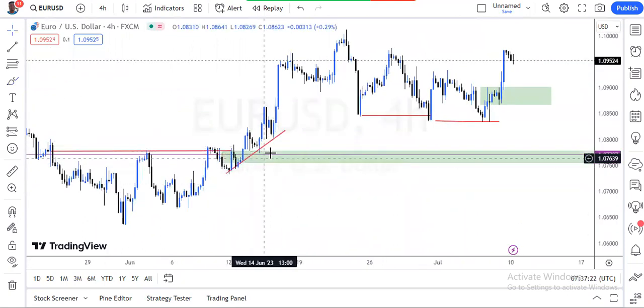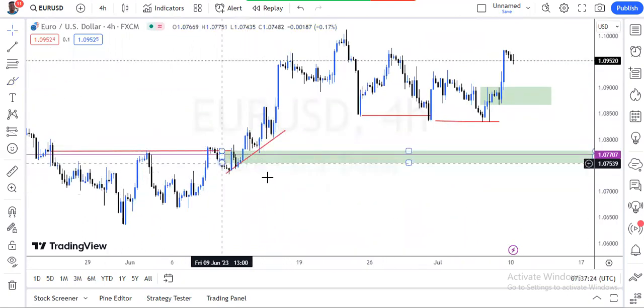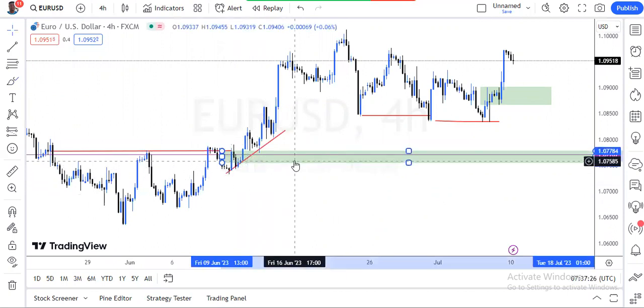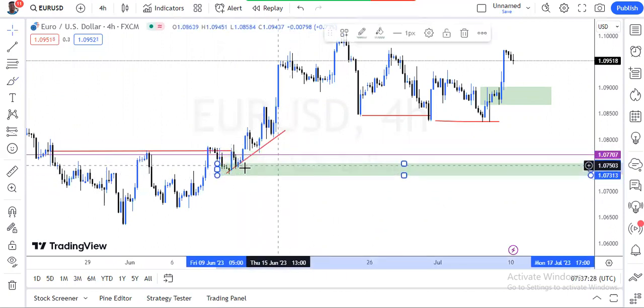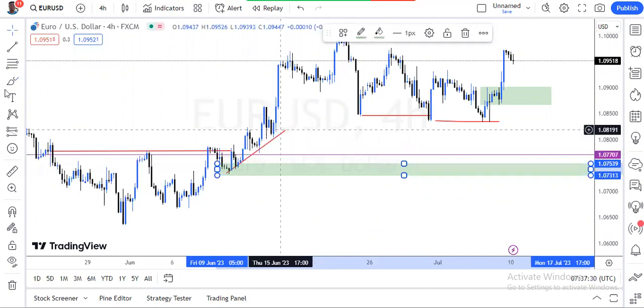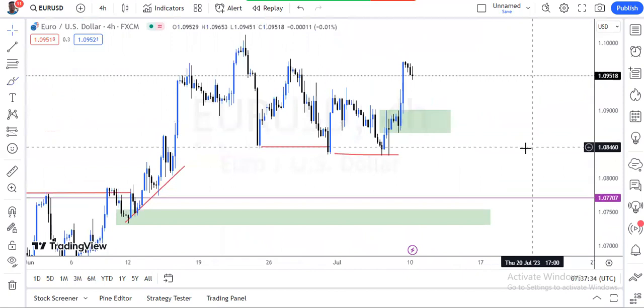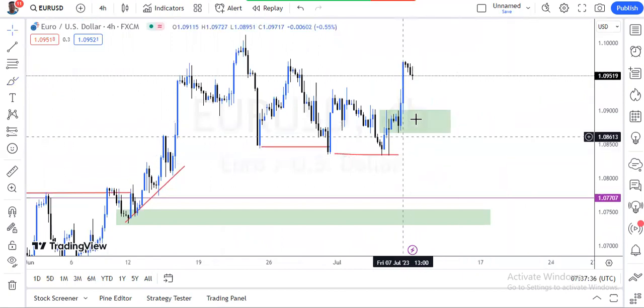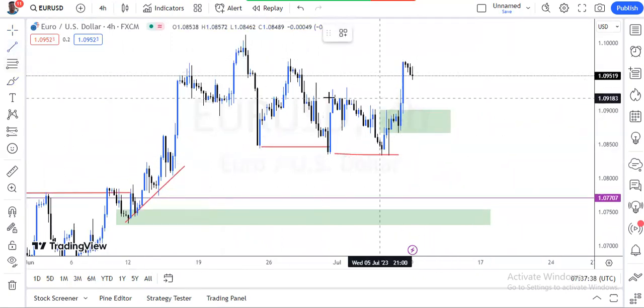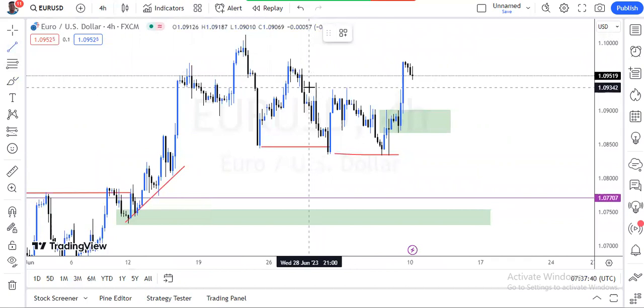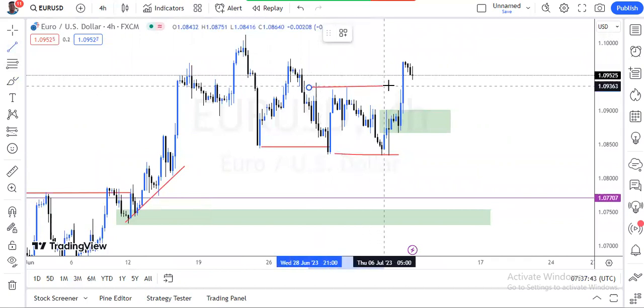Take this liquidity, take this, and then maybe pick any of these institutional candles, precisely this one here, after clearing this and this liquidities. We didn't get that to happen. So for now, we have registered here. You can see the market just changed character here.